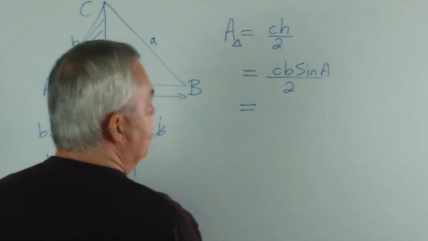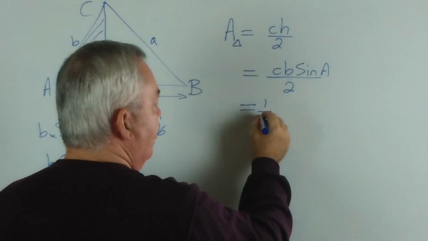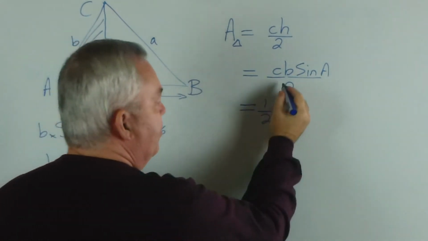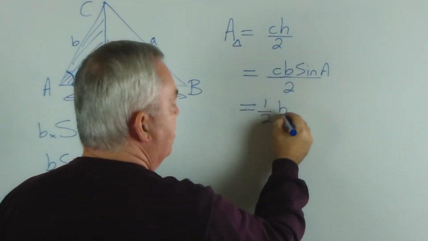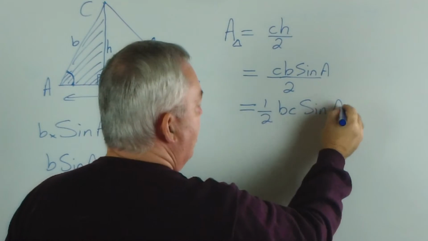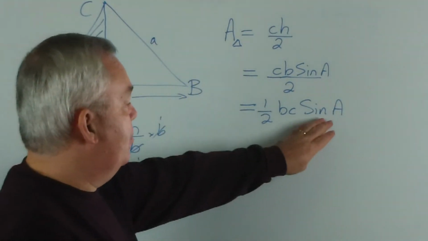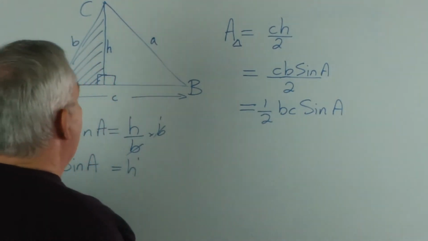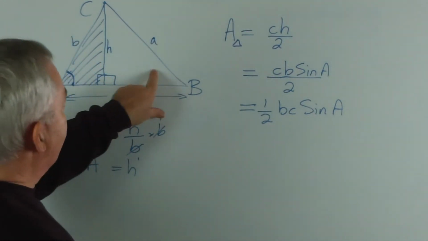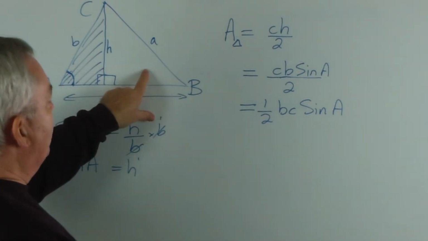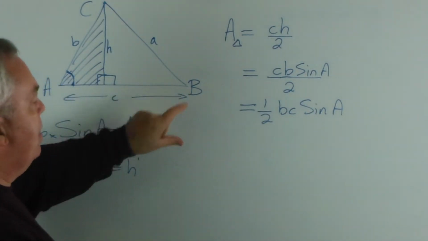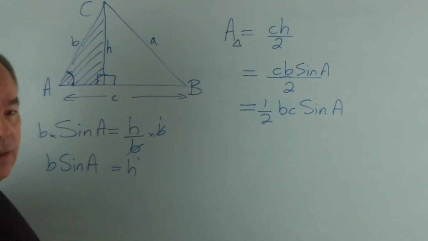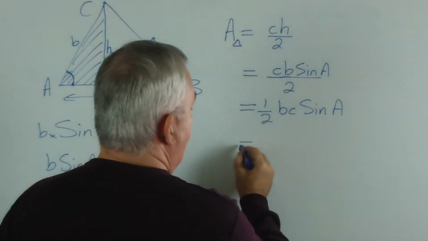Now a lot of school textbooks will write the half at the front. By convention, we like to write these pronumerals in alphabetical order and write the more complex function at the end, which is the sine function. So the area is half BC sine A. If we used this triangle instead of this one, we would have had half AC sine B, and if we drew this height or this altitude to one of the other sides, we would have got one of the other expressions as well.